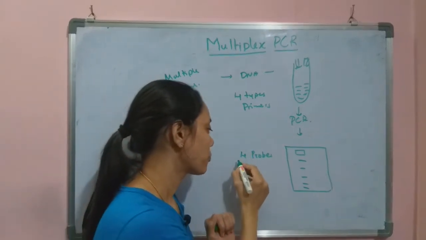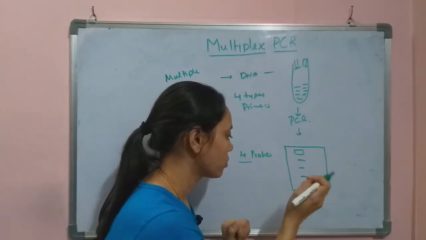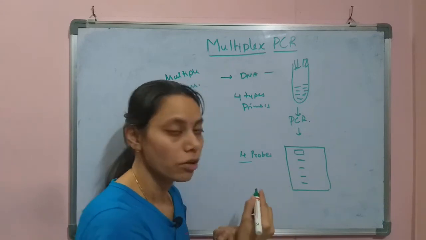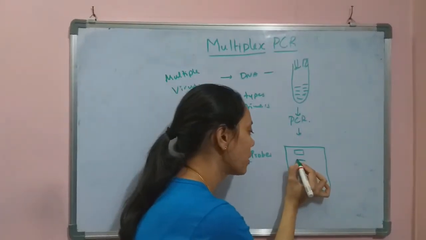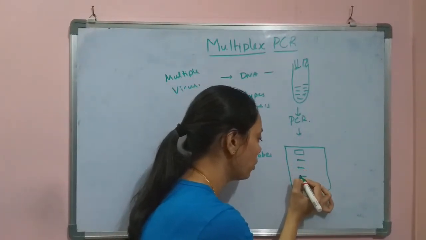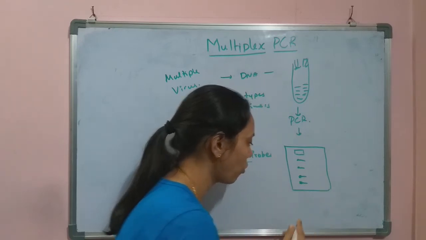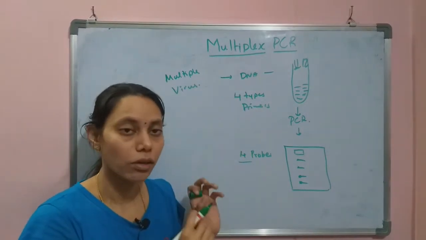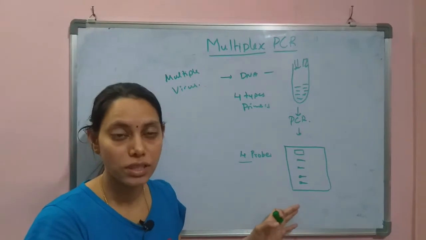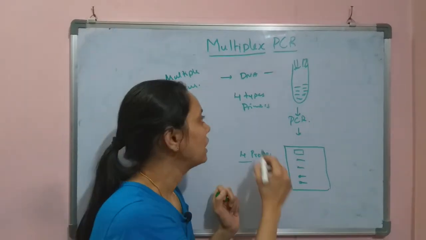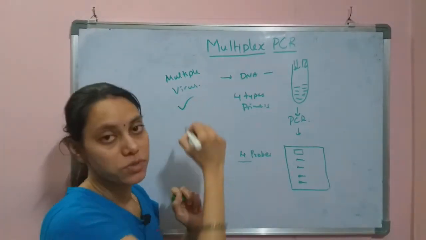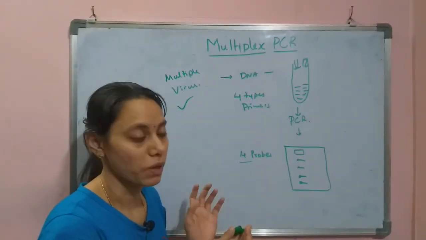For 4 probes, if we are getting 4 bands and all the fluorescent markers are detected in the gel, then the person is positive for all types of viruses that we suspected.